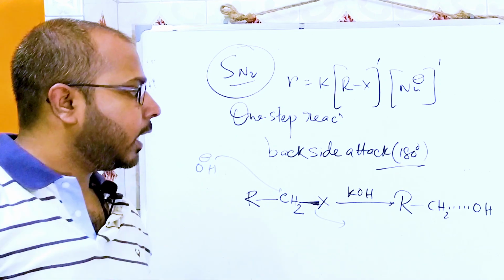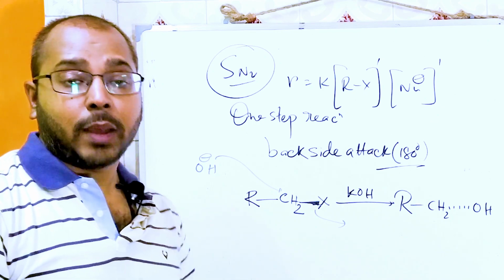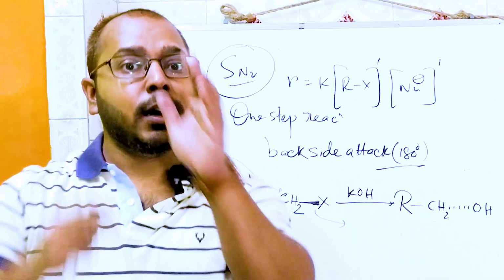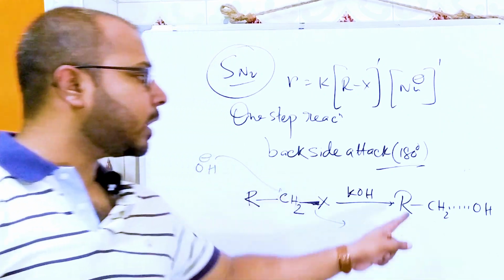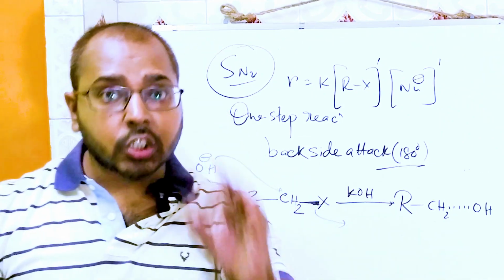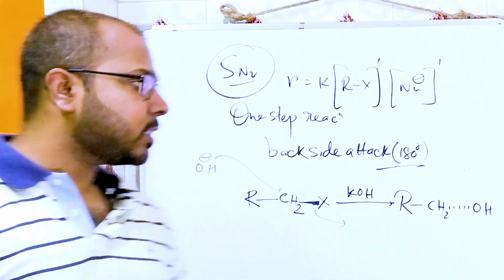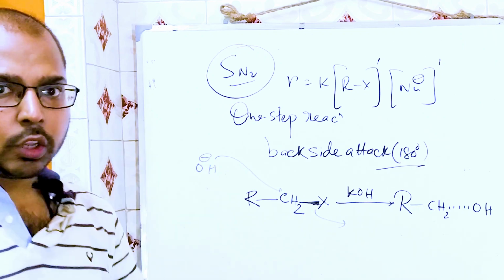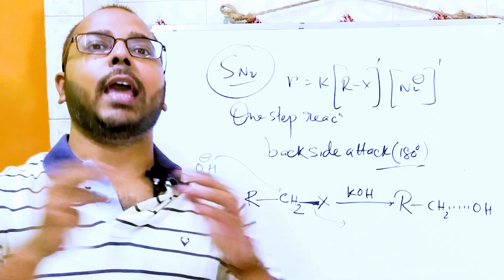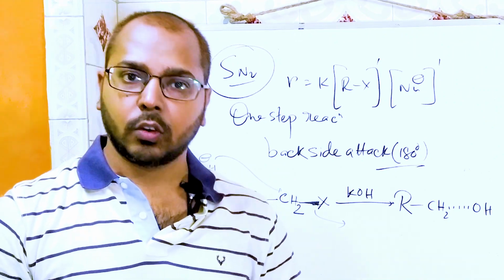So there inversion is taking place. Mind it, in case of SN1, retention and inversion both can take place, but in case of SN2, inversion only is going to take place. And as the nucleophile is strong nucleophile, OH minus is a strong nucleophile, that is why it will attack before the formation of carbocation. Okay?